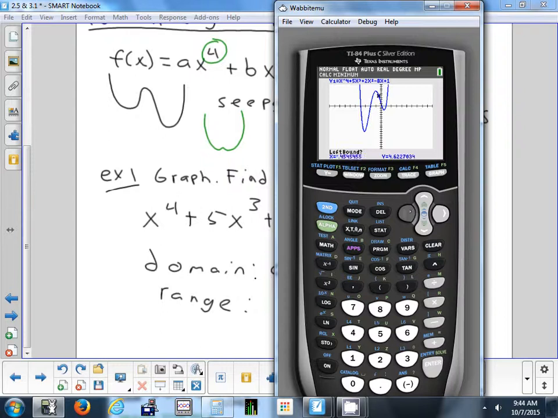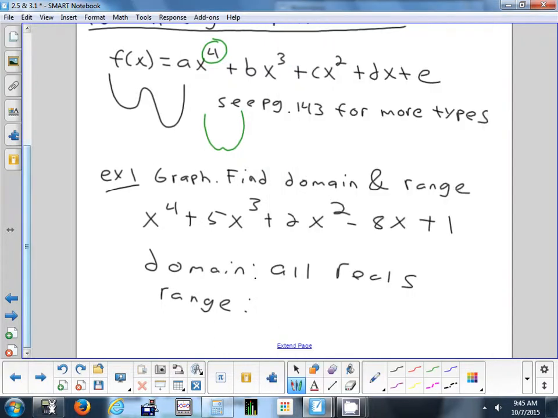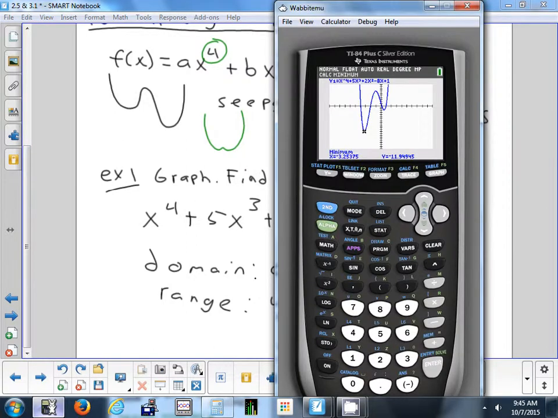Find the minimum. And the y value is what we're looking for. That's the range. Remember, y value is range. So the lowest this function ever goes is about negative 11.9. And then it goes up forever. So the range is all numbers greater than or equal to negative 11.9.